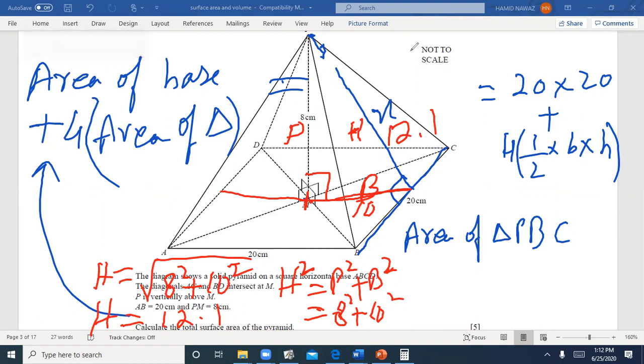Now we have all the values. Area of a triangle will be what? 1 by 2. Base will be 20, and the perpendicular or height for this triangle will be 12.1.